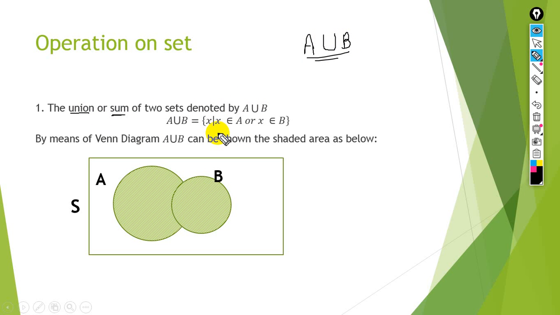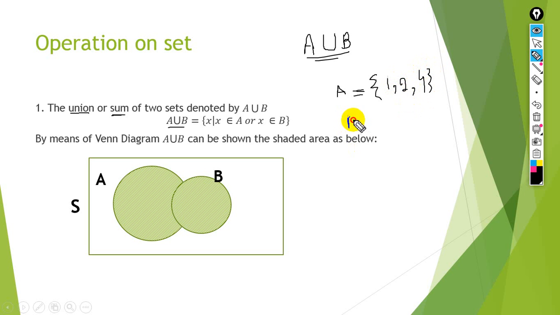What does it mean? So here in set builder notation, A union B is X such that X belongs to A or X belongs to B. For example, if we have two sets, set A is equal to 1, 2, 4.